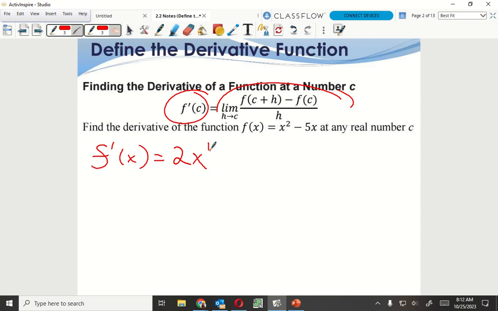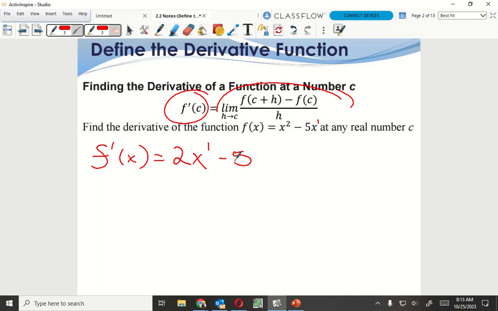Now, what about the negative 5x? There is no exponent, or there is an exponent, and the exponent is? 0. Nope, try again. 1. It is 1. So the exponent's going to be 1. So what am I going to do with that 1? Multiply over it to the negative 5, so negative 5 times 1, negative 5. And that's going to be x to the 0 power.